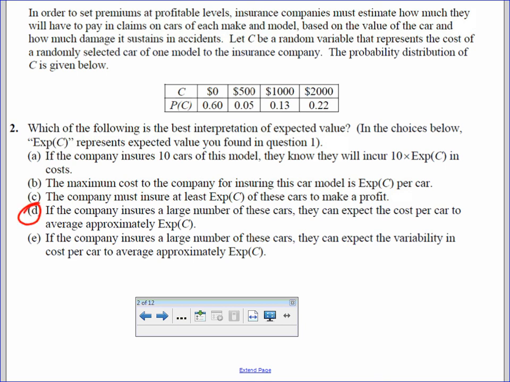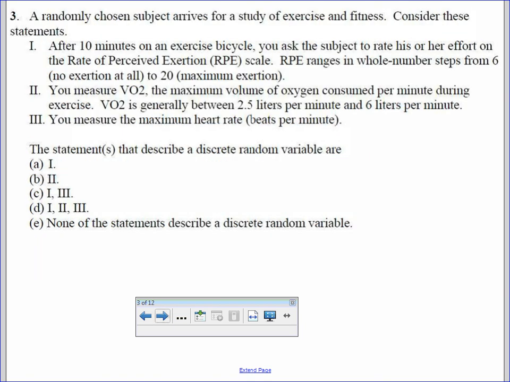And that's taking into account the law of large numbers. This would be the standard deviation. And this is the thing they know they will. That's why A is wrong. So pause this, read the question, and then we'll give you the explanation.